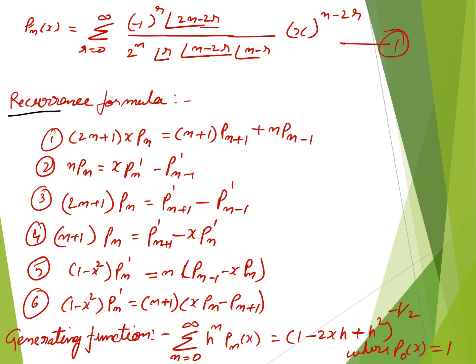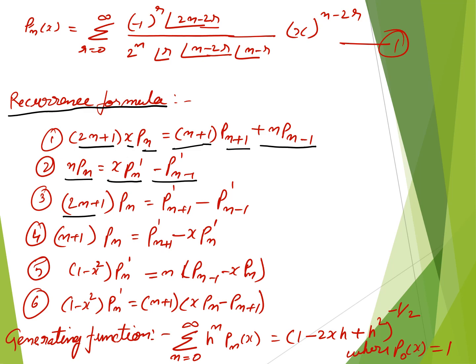Now, the recurrence relations. These recurrence relations are most important, so it is required that they be remembered. First is (2n plus 1) x Pn, where Pn is the Legendre function, is equal to (n plus 1) Pn plus 1 plus n Pn minus 1. Second is n Pn is equal to x Pn dash minus Pn minus 1 dash.